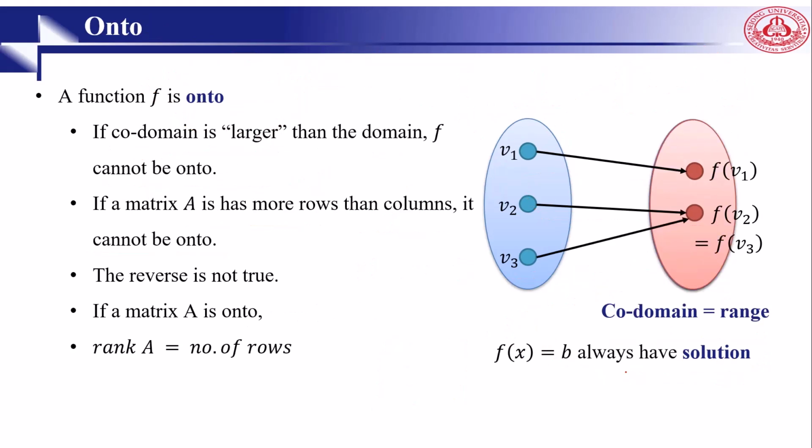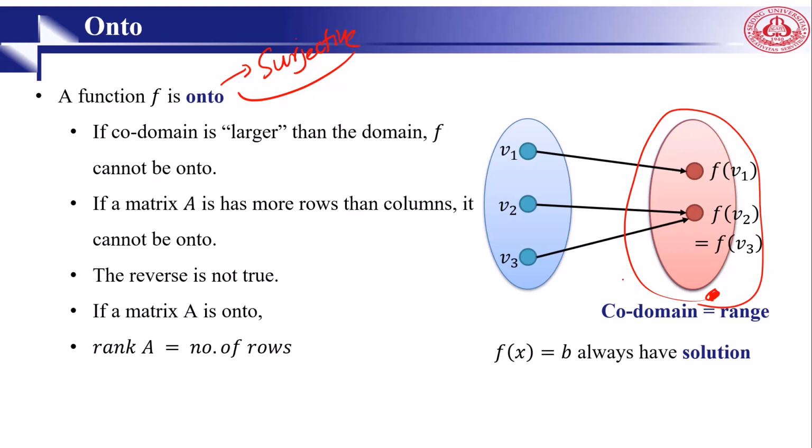A function f is considered to be onto, or also known as surjective, if every element in the codomain has at least one pre-image in the domain. So it means we have nothing outside that cannot be reached.